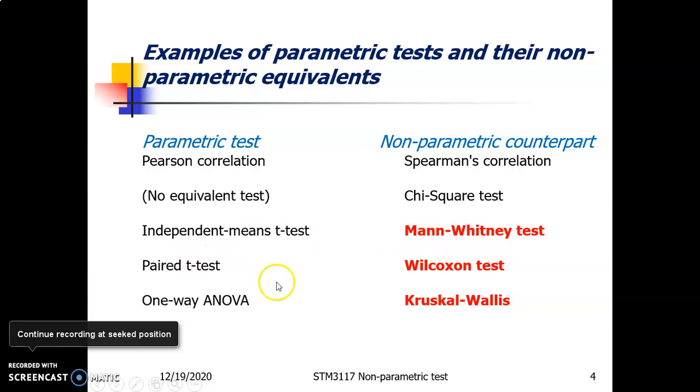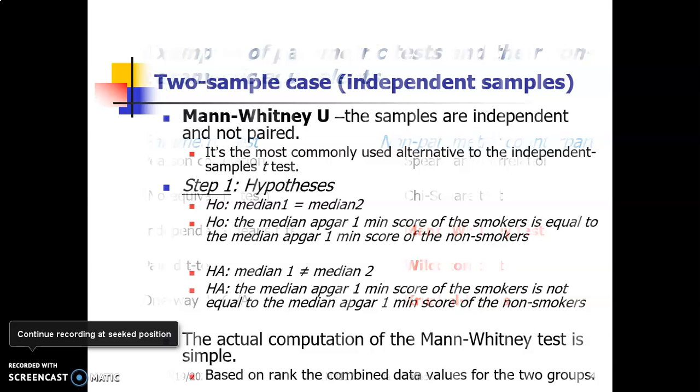For paired t-test, we will use Wilcoxon test. And for one-way ANOVA, we have to use Kruskal-Wallis if it is non-parametric data. Okay, so you have to remember all this.